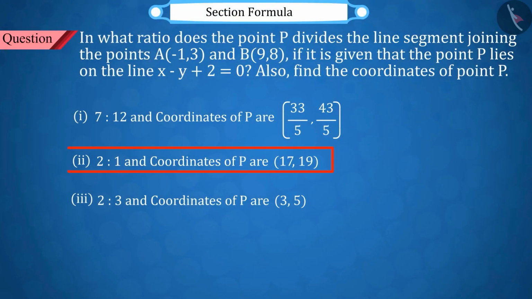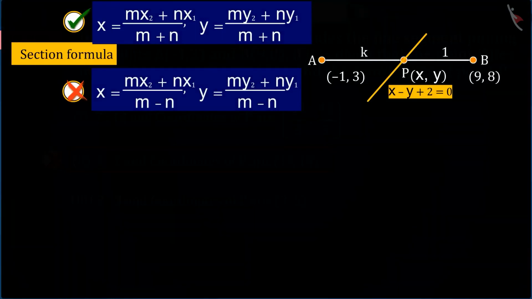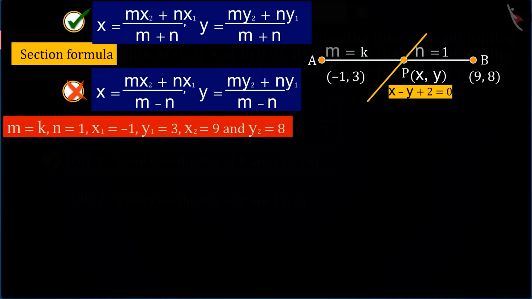If you chose the second option, it was a good try, but this is the wrong answer. Because in the section formula, in place of m plus n, m minus n was put and solved.